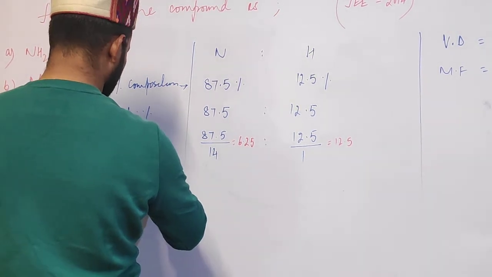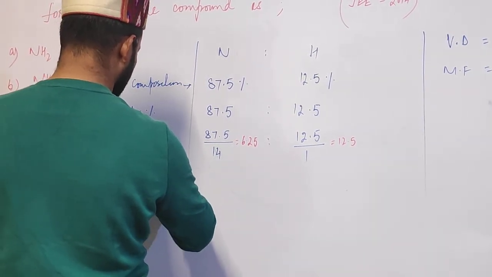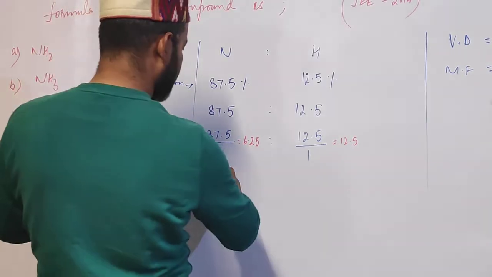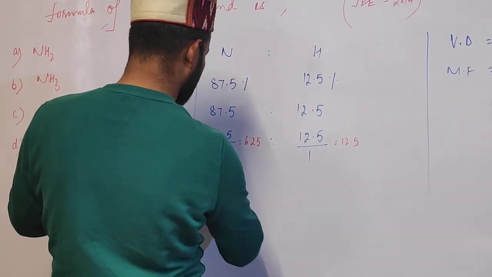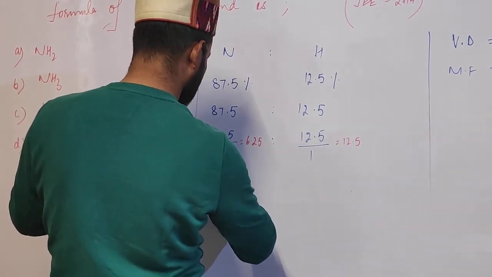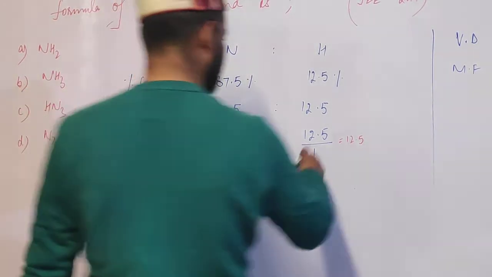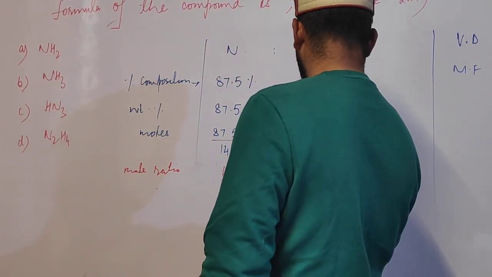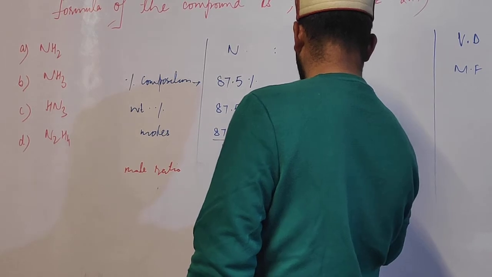So now we have the relative ratio of moles. To get the mole ratio, we divide both by the smaller value, 6.25. So 6.25 divided by 6.25, and 12.5 divided by 6.25.